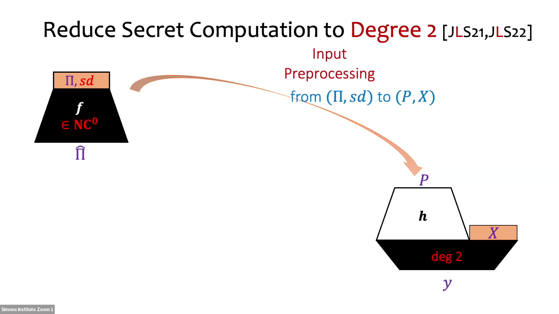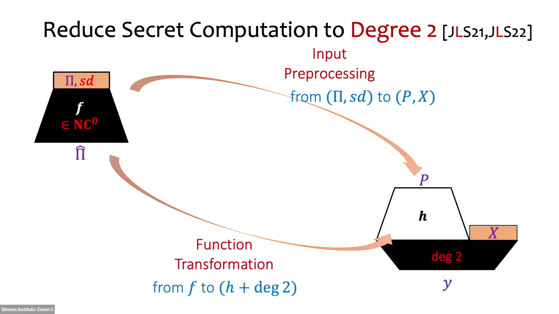To do so, I need two transformations. One for input preprocessing, to convert the original secret input into two parts, one public, one secret. And the second, the function transformation, to turn the NC0 function into this kind of NC1 public computation plus a degree 2 secret computation.